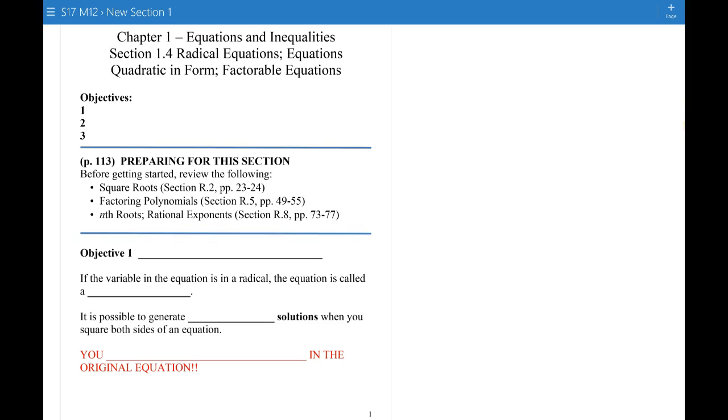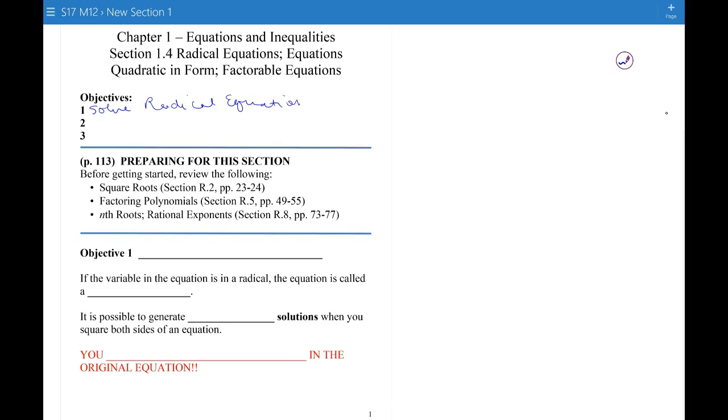So we're in Chapter 1 still, Equations and Inequalities, and now we're going to talk about Section 1.4, which is three separate things: radical equations, equations quadratic in form, and factorable equations. So the first objective is going to be to solve radical equations.